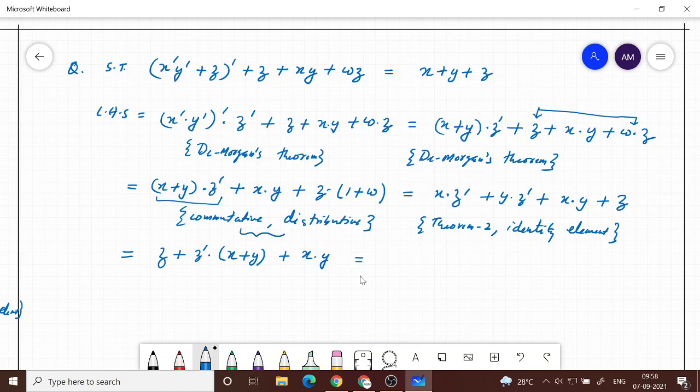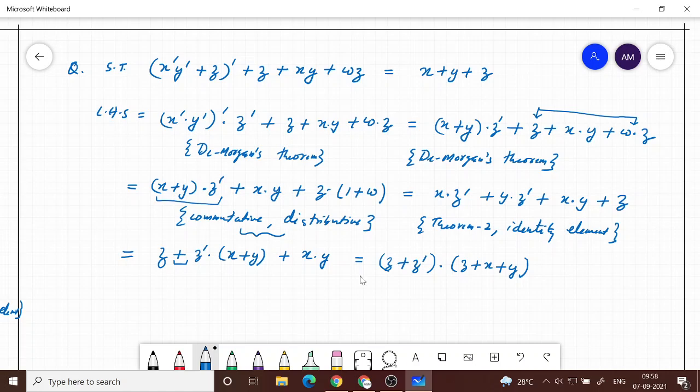And then what I'm saying is that I will further apply distributive property like this. I am distributing this plus with respect to dot operation.